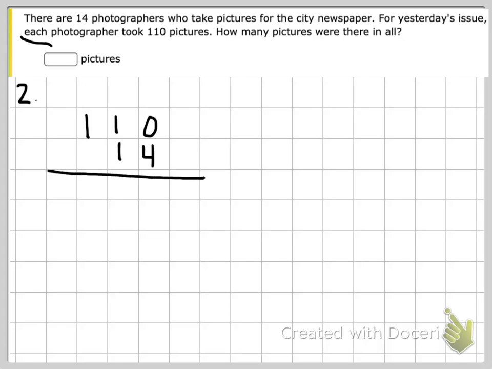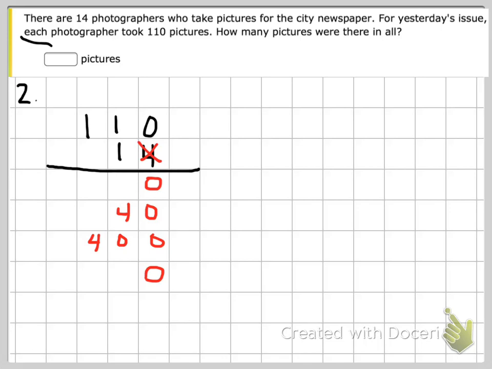I'm going to do a little different way, and I'm going to erase that to make it a little easier to read. I'm going to use the distribution way. 0 times 4 is 0, 10 times 4 is 40, and 100 times 4 is 400. Then 0 times 10 is 0, 10 times 10 is 100, and 100 times 10 is 1,000, three zeros.